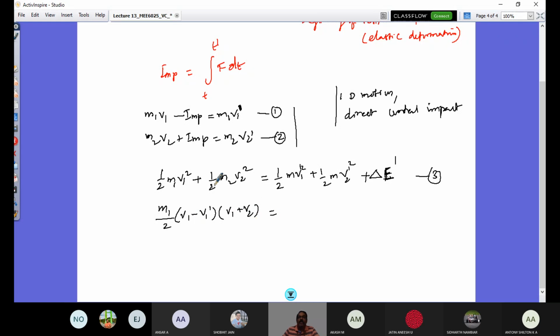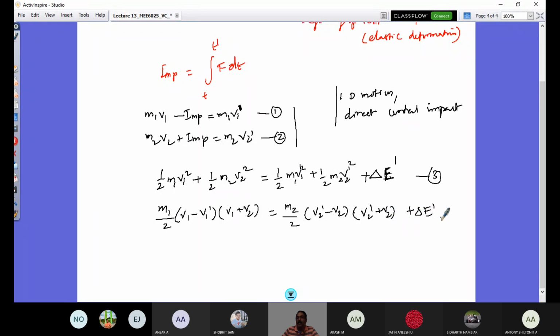On the other side, I take the kinetic energy term of the second vehicle. I would have M2 by 2 into V2 dash square minus V2 square, which I write as V2 dash minus V2 into V2 dash plus V2, plus delta E dash.